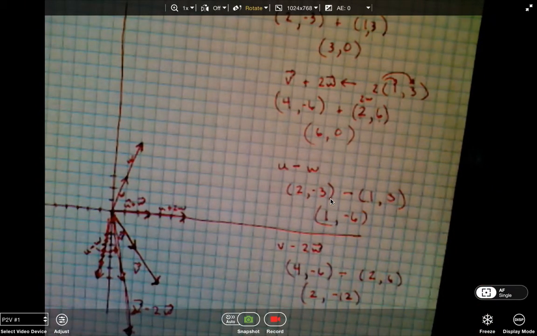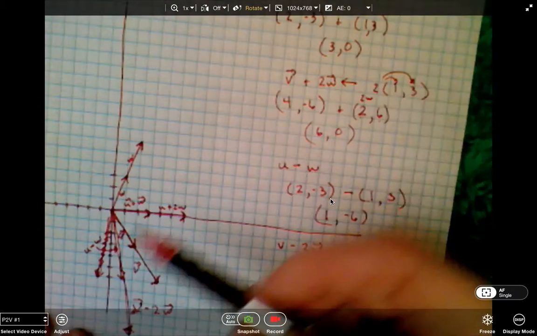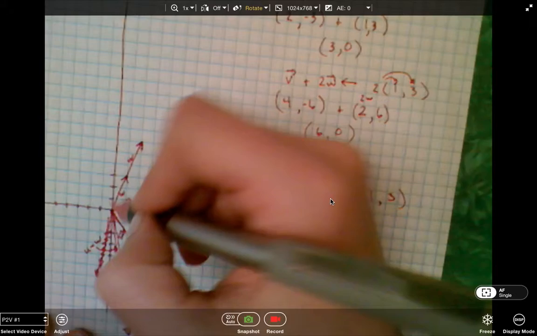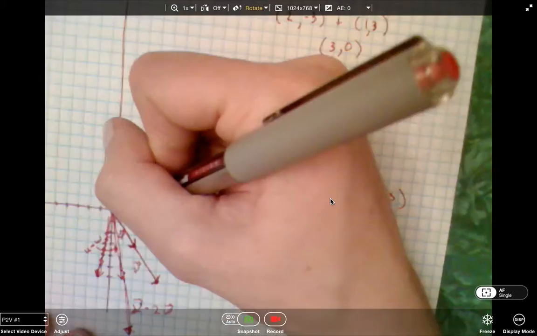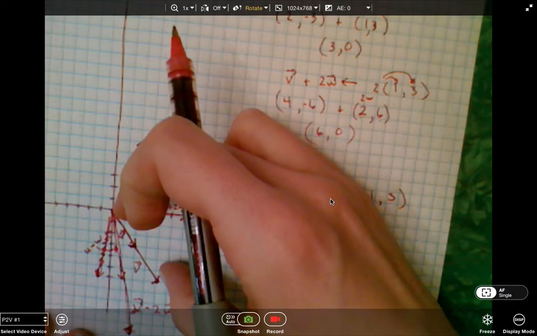And anytime I have things that have the same direction, they could be considered parallel. So this one and this one, if I were to shift it anywhere on the plane, they would be parallel.